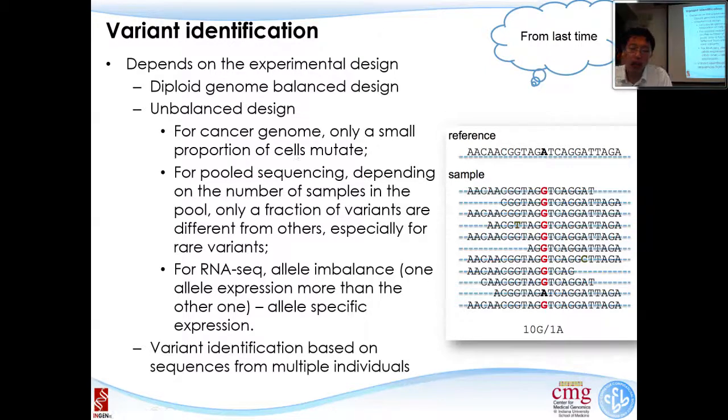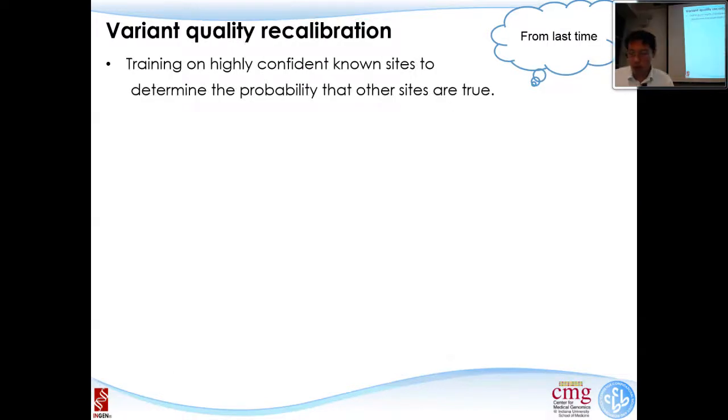And we also talked about variant identification based on sequences from multiple individuals. That is what we talked about two lectures ago. And there's another point in addition to variant identification, which is variant quality recalibration.